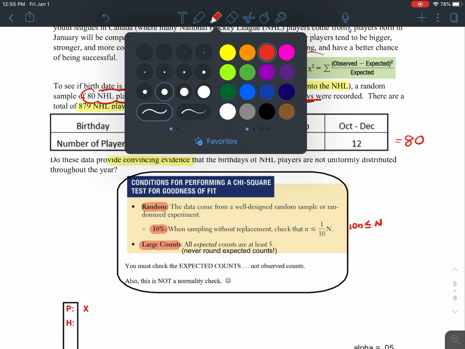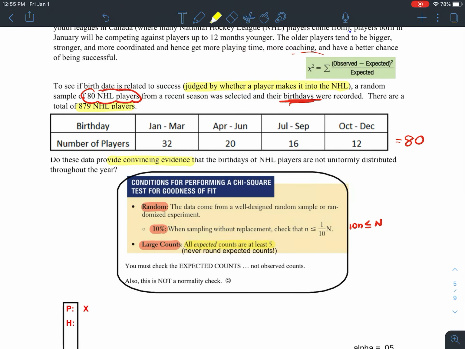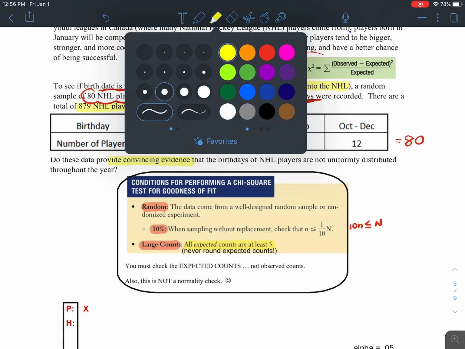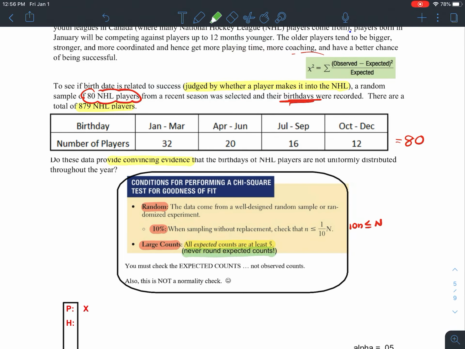And then here's the new part, the large counts condition. We need to show that all of the expected counts are at least 5. Okay, that's a new number there, at least 5. And please draw your attention to the fact that we should never be rounding these expected counts. Okay, you have to make sure that you are checking the expected counts, not the observed counts.